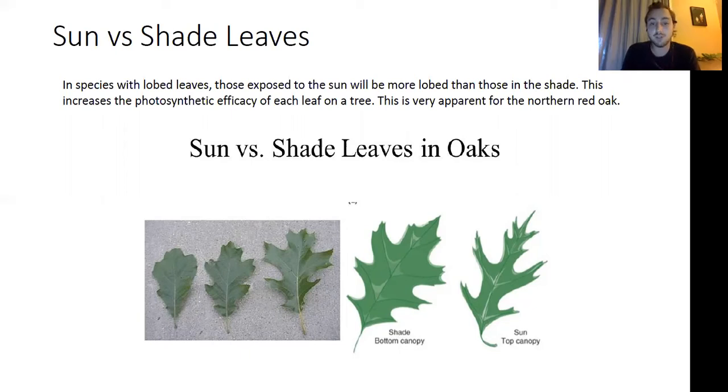And I'll show you my example of sun versus shade leaves, but this picture gives a decent enough representation of what it looks like. So this is not just in red oaks, it's white oaks too. If you're familiar with mulberries, mulberries are more lobed at the top than they are at the bottom, as well as with sassafras. So lots of different trees take on this characteristic.